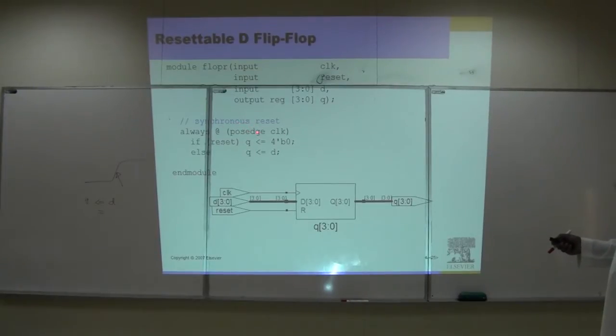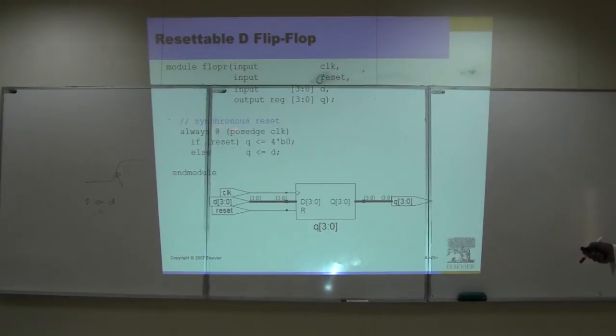If there is a clock edge, then it will test if-else. So if, in the bracket, reset. If the reset is true, Q will get the value 0, 4 bits of 0, right? Else Q will get the value of D.